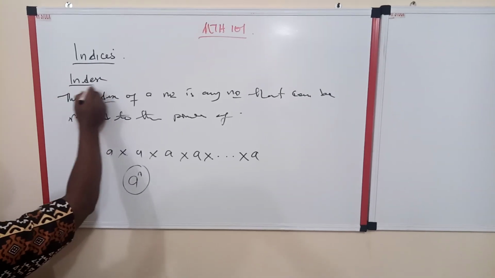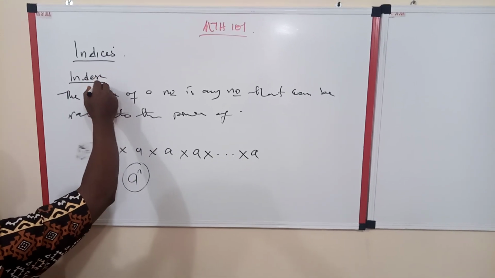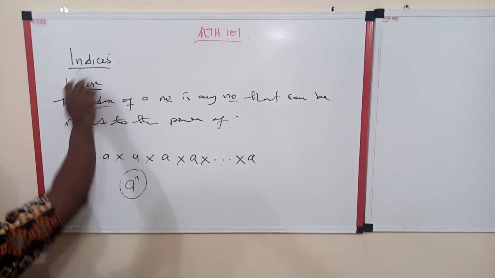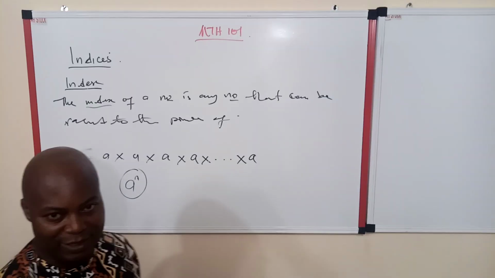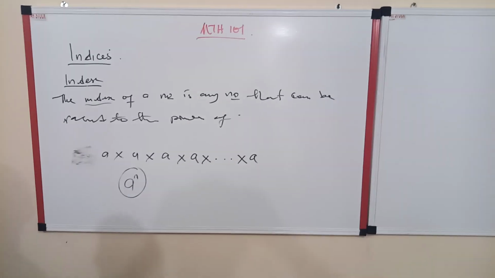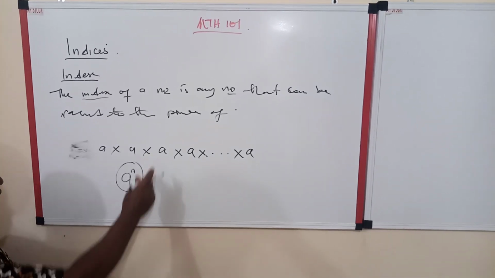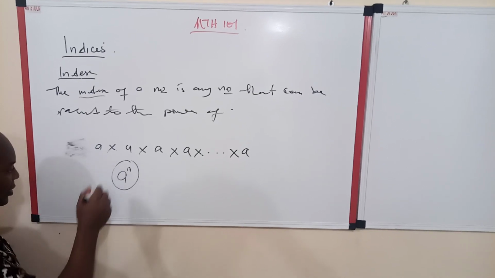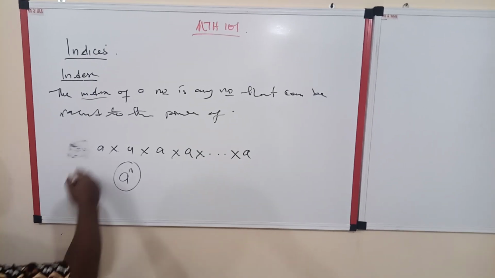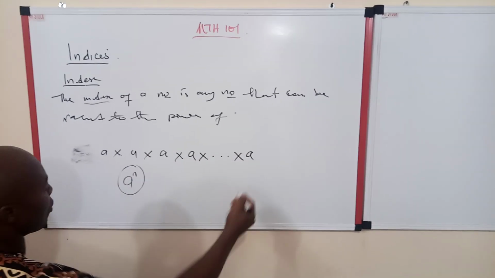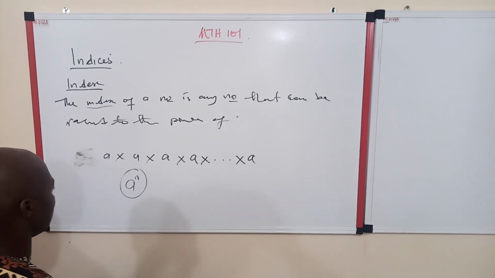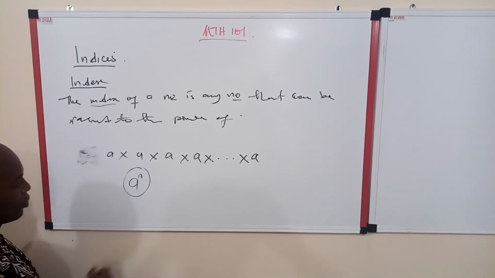Now, this word is a singular term. The plural term of index is what we refer to as indices. Instead of writing something in multiple ways, n times, you can just write it in a compact way.